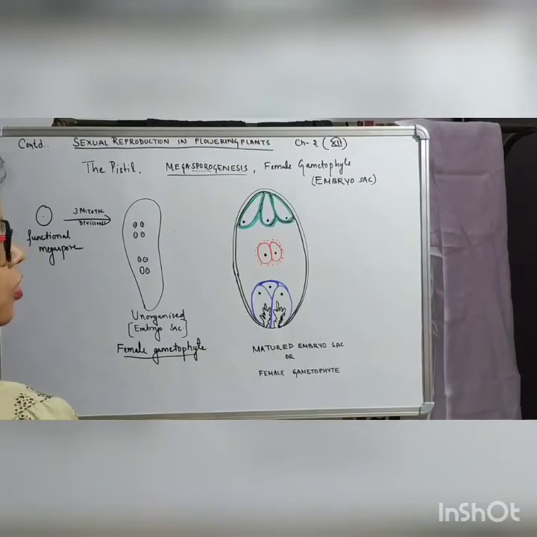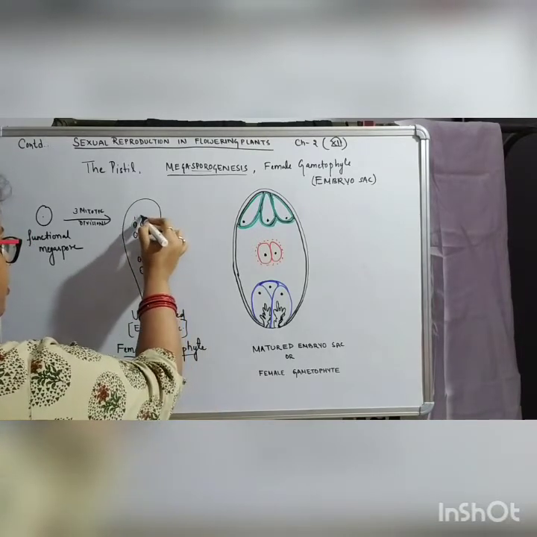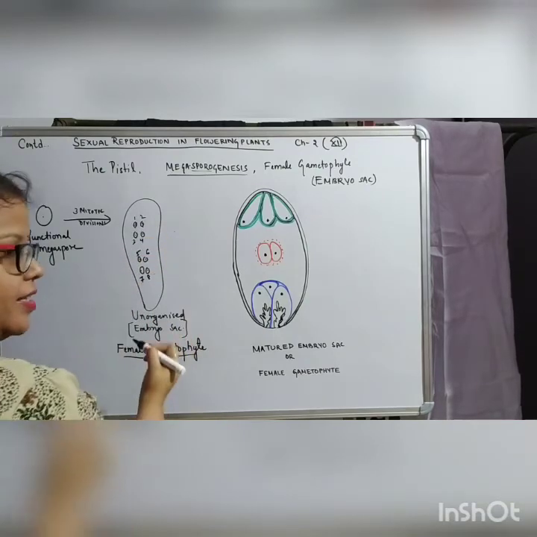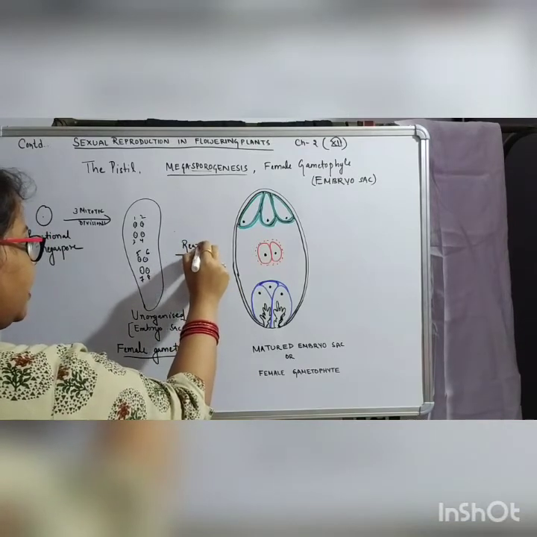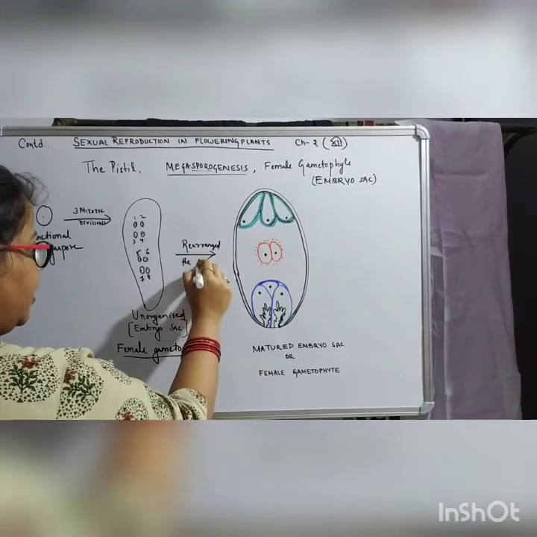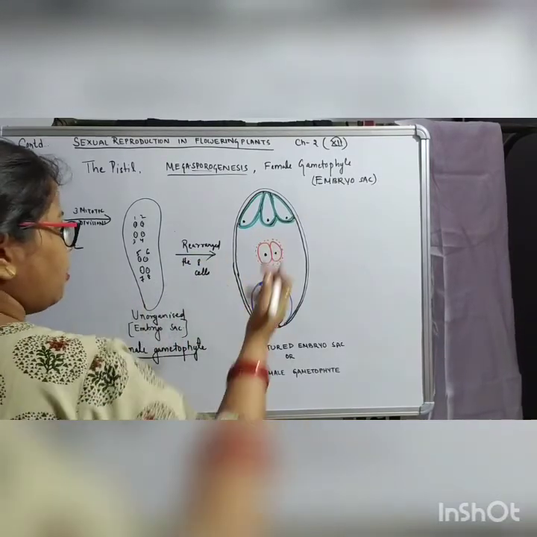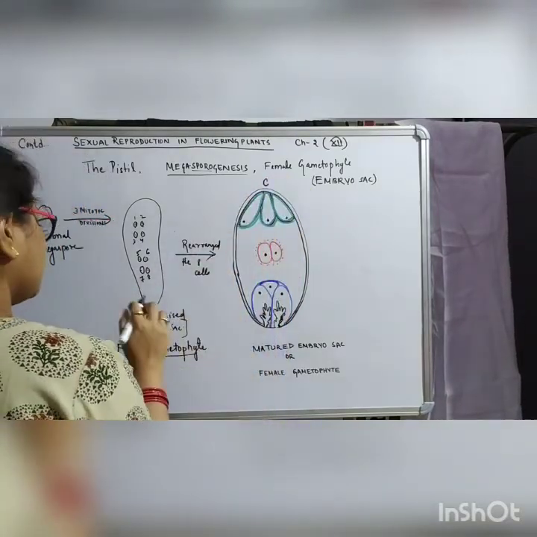So now we have rearranged the cells. There were 8 cells. So let's see. 1, 2, 3, 4, 5, 6, 7, 8 cells were there. We have rearranged the 8 cells. How will we number it? This is the chalazal end.